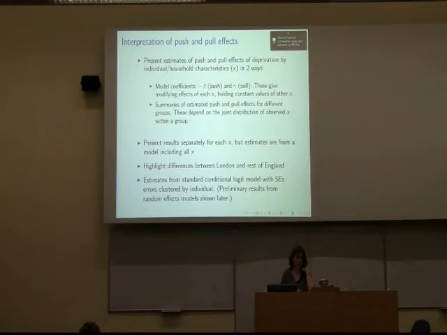So a person who is a social tenant is also going to have a low income, and they're probably going to already be living in a deprived area. Okay, so a lot of these characteristics go together. So as a kind of supplement to the coefficients, we've also estimated for every individual their push and pull effects of deprivation, and they will depend on their own characteristics, their tenure, their income, and so on, all the covariates that we consider in the model.